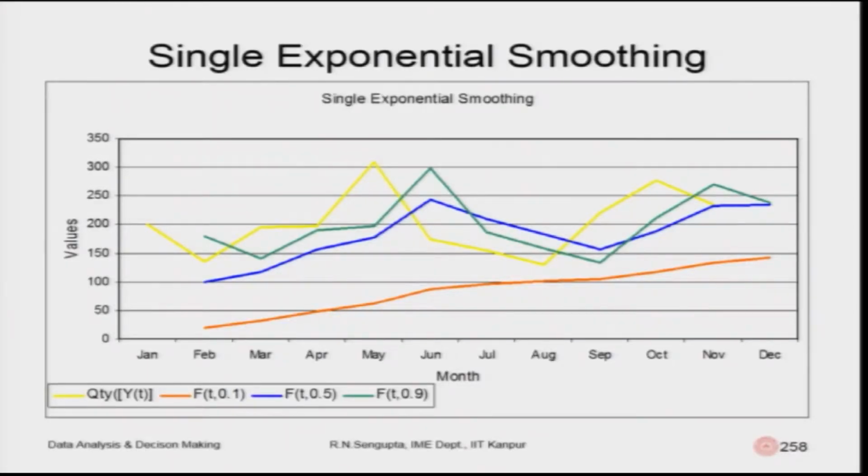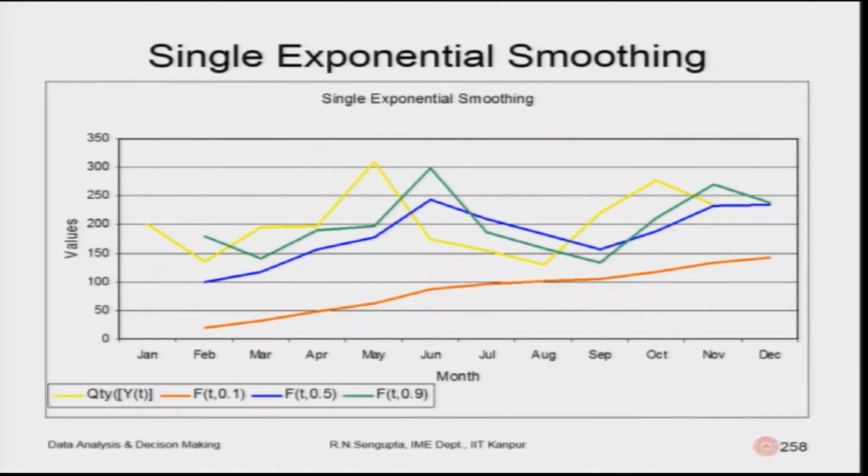These weightages reflect how much confidence you have in the past data, whether forecasted or predicted. The values of alpha, 10%, 50%, 90%, are given by the red line, blue line, green line, and the yellow one is the actual quantity which you want to predict.